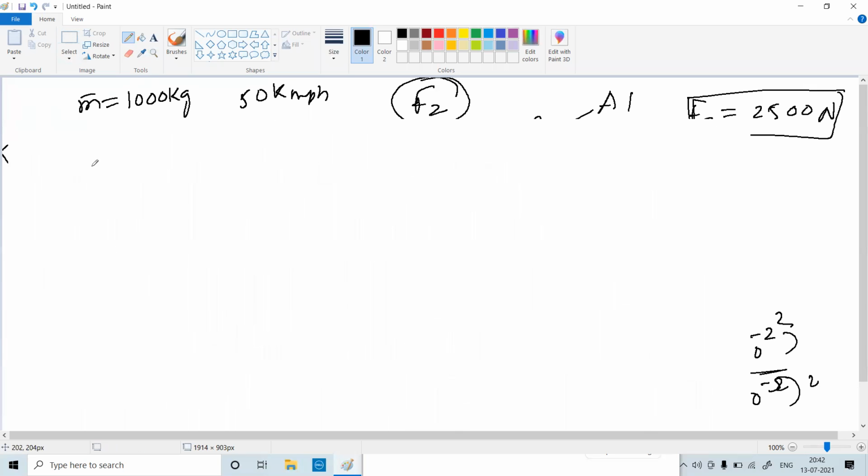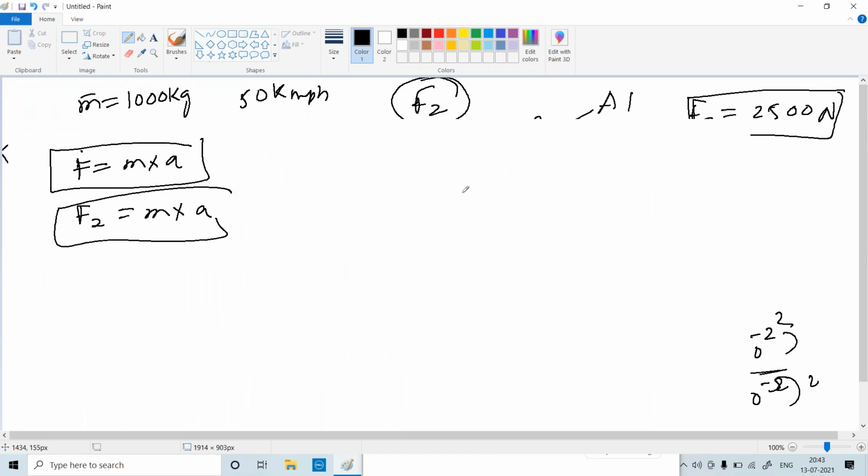Now you know very well that F is equal to mass into acceleration. Now you know F2, so F2 is equal to mass into acceleration. F2 is 2500, mass is 1000 kg. So can we find A?